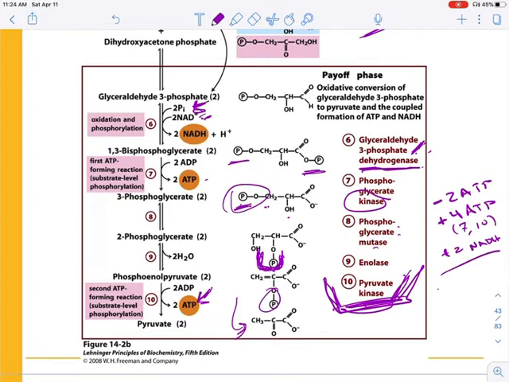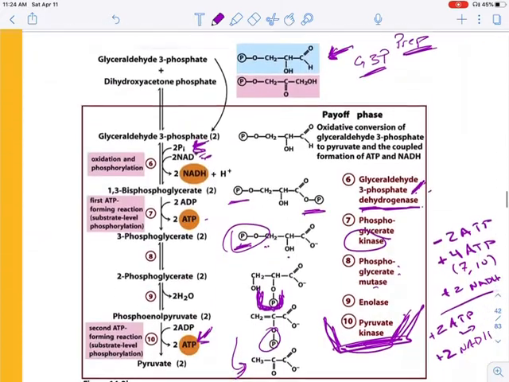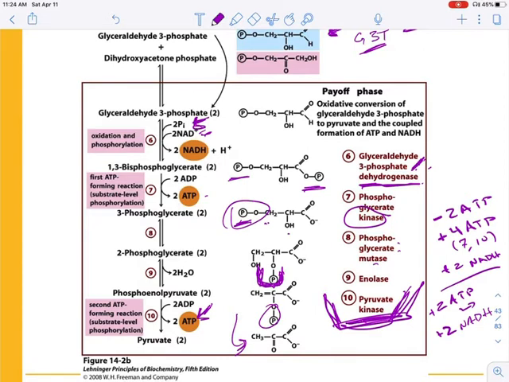And so the net is plus 2 ATP. So that's energy that the cell can use directly. And then plus 2 NADH, which the cell has to process in order to use further. And that happens during the citric acid cycle.